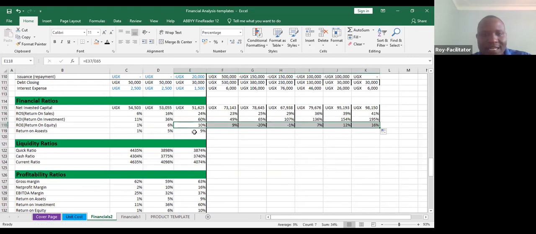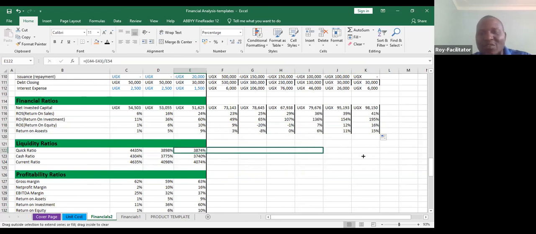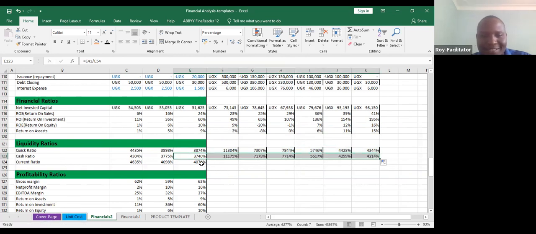Then I can extend return on assets. Then I can do liquidity ratios. Let me see. I just extend because the formulas are already there. I don't need to know what is that formula. We just pick the past and extrapolate.